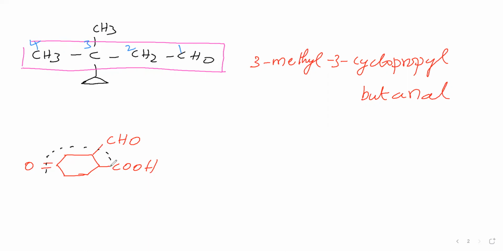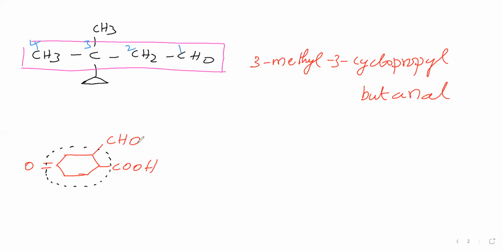Suppose we take this cyclic ring as the parent, then the main functional group is carboxylic acid, therefore we will say this as the secondary suffix. This we will take as a substituent, a branch.